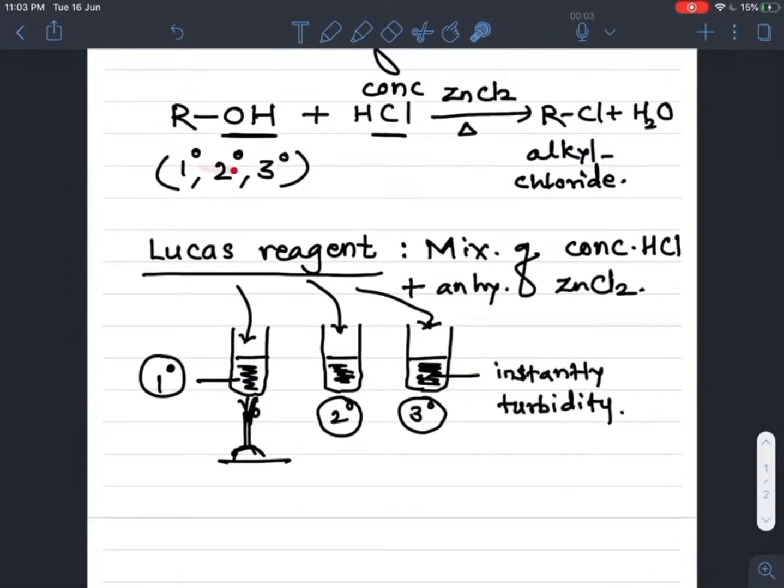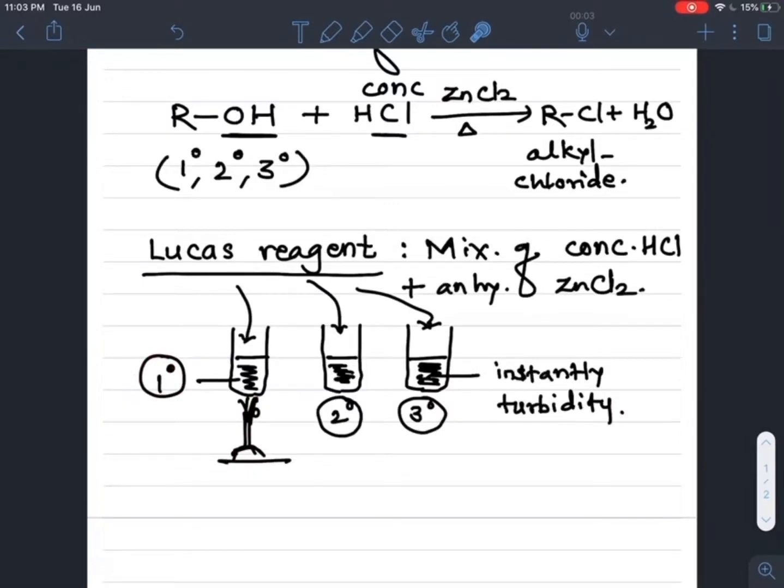See here, this ROH, when treated with the Lucas reagent, forms alkyl chloride, and this alkyl chloride is insoluble in the aqueous solution, so the solution becomes turbid. If this turbidity is observed instantly, we can identify the tertiary alcohol. Within a few minutes, it is a secondary alcohol, and only on heating, it is the primary alcohol.